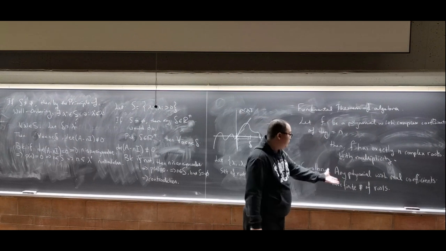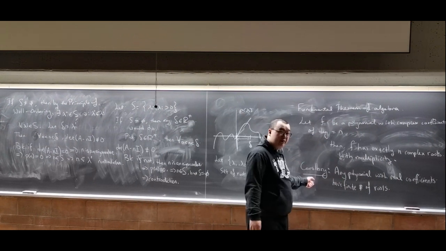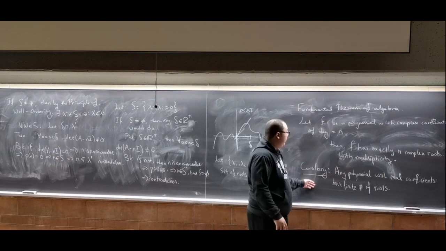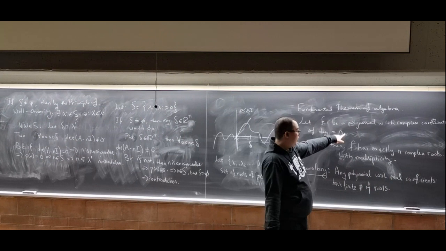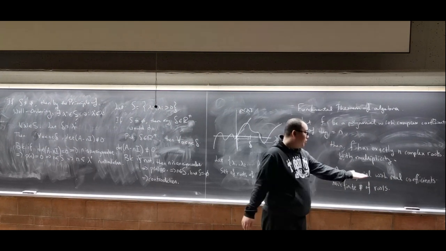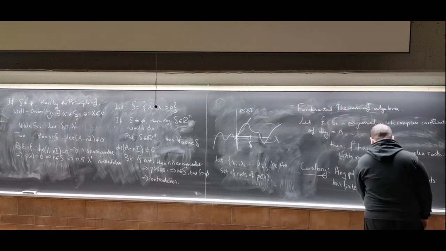If I just write the corollary, it does not make any sense. But with the fundamental theorem of algebra, it is very easy to see where the corollary comes from, because this has exactly n complex roots, and real roots are just a finite number of the roots.